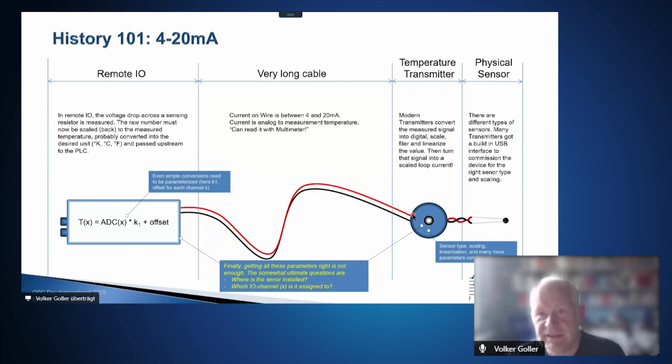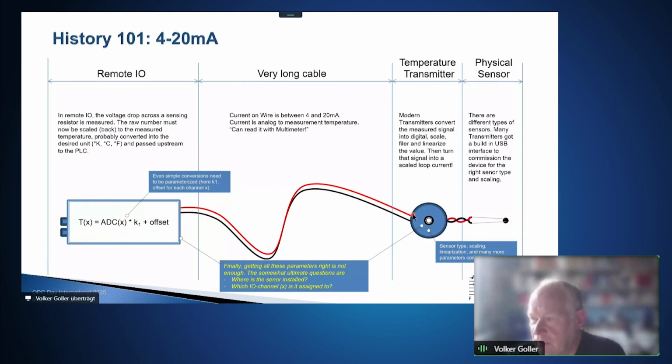And on the other side, if there is a line break, you have 0 current, and that is a fault detection. So it serves two purposes here. And people love the 4 to 20 milliamp interface because you can debug with a multimeter. You measure the voltage, you measure the current, you know what's going on.